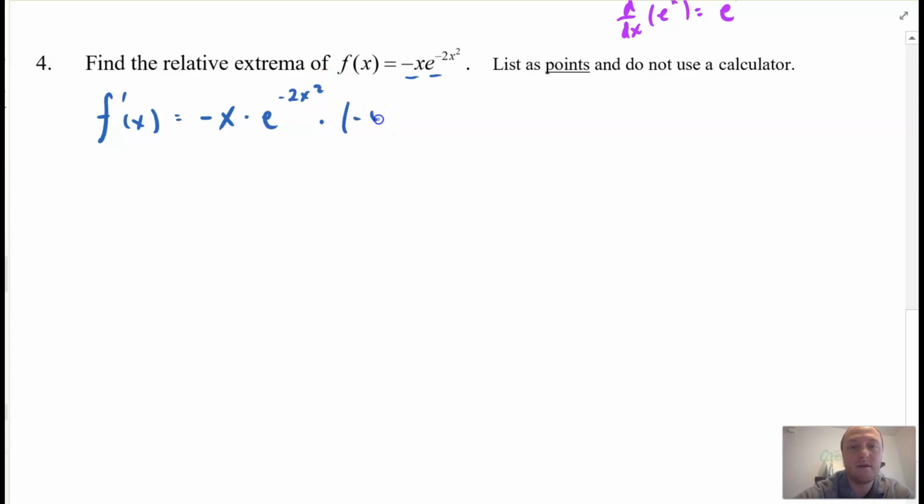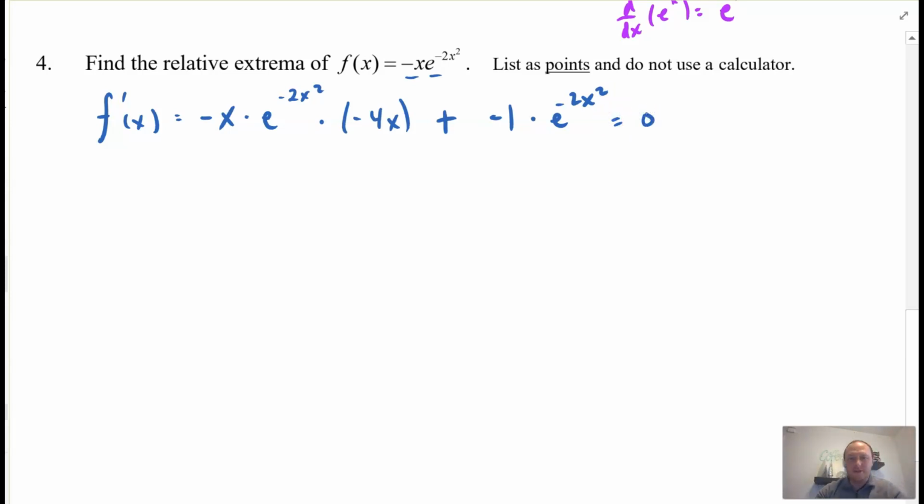Okay, so that would be negative 4x. Plus, now I'm going to do the other part, which is the derivative of the first, so negative 1 times the second, so e to the power of negative 2x squared. Okay, and again, I want to set this equal to 0.